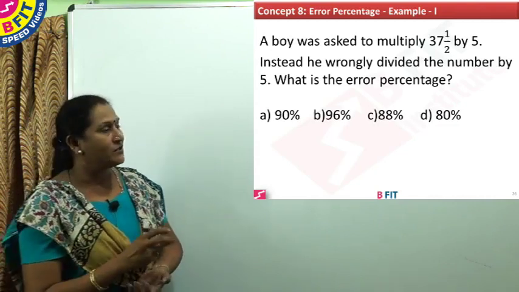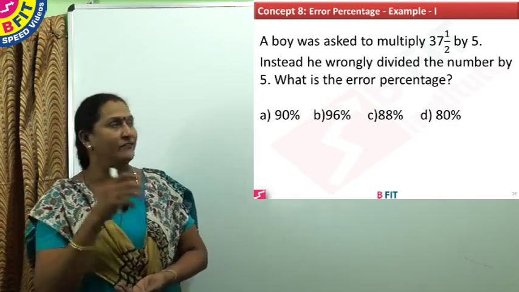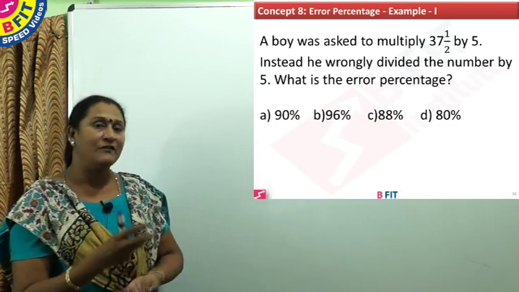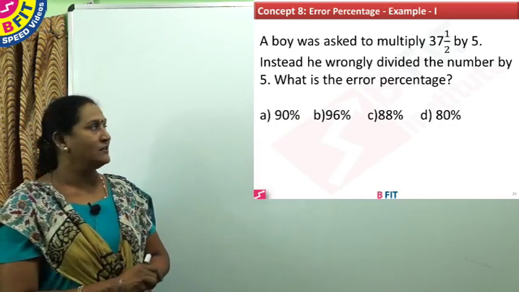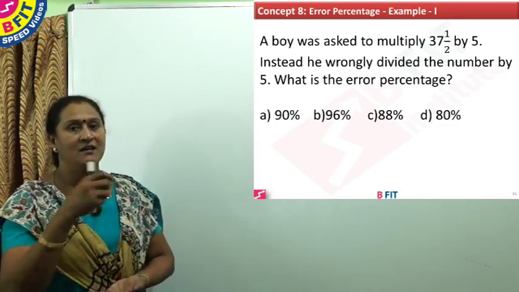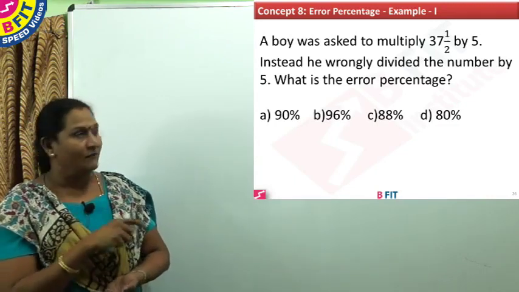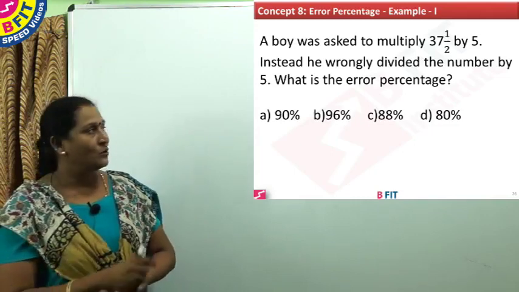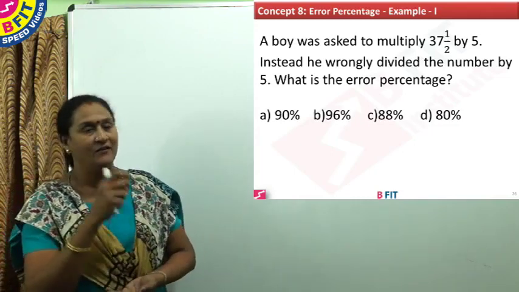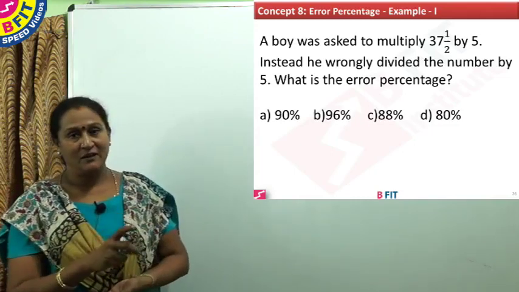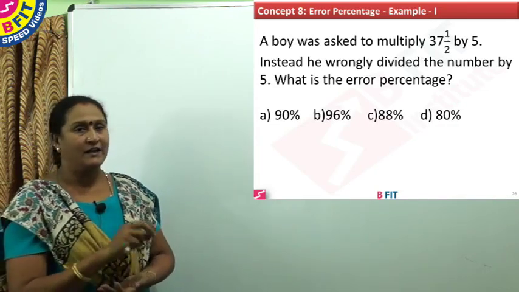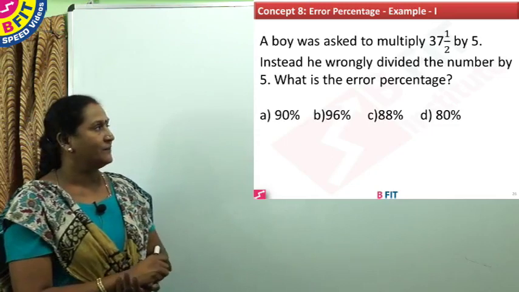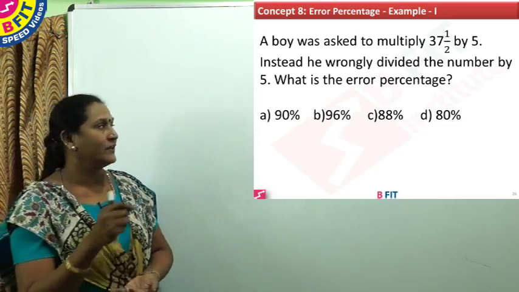So instead of taking this 37.5 and working, we can take a convenient number, any comfortable value for our convenience, so that we can make the working easier. When they give complicated numbers like this, don't take this 37.5 and work it out. This number is given to mislead you, and with any number for our convenience we can proceed to the answer. So we'll see the working now.